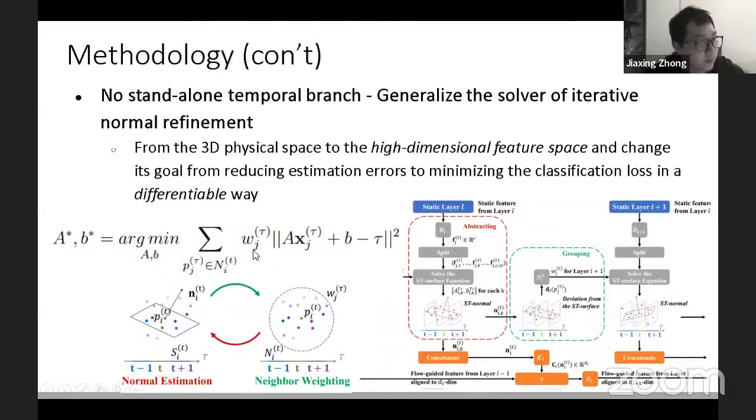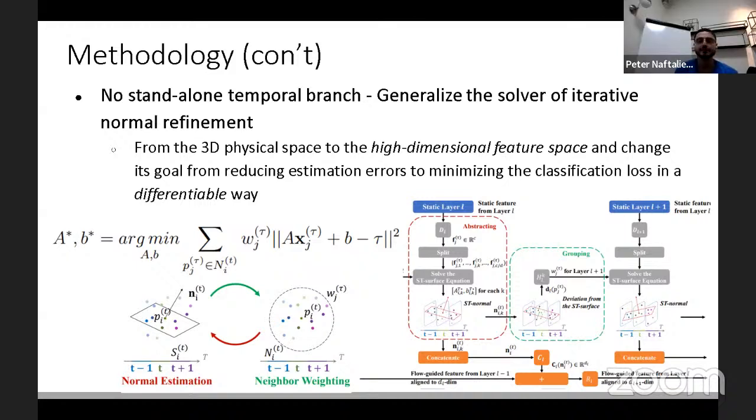The abstracting is trying to calculate the A and B, and the grouping process is to calculate the W. The W is optimized via the back propagation, but in its calculation process, we don't need the back propagation.